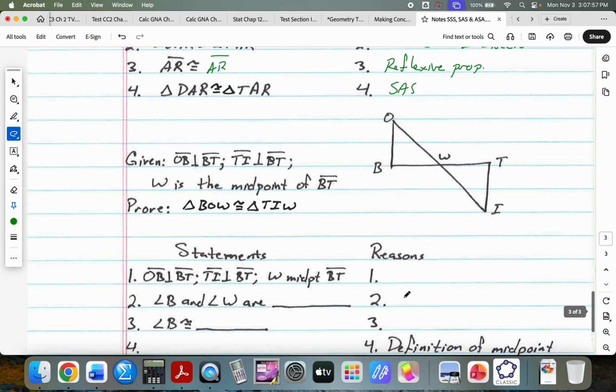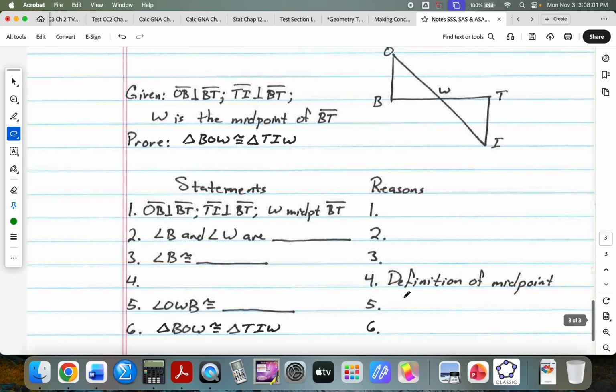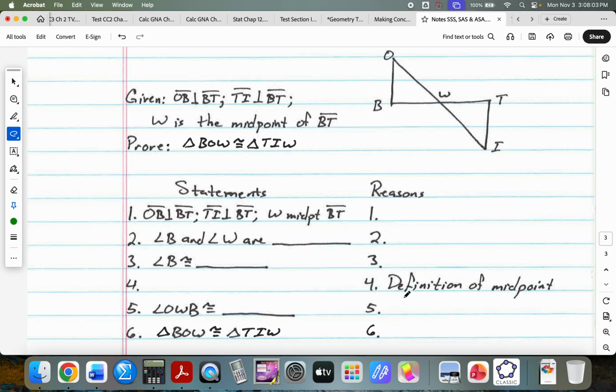All right, let's try this one. This one's got more holes in it. It's got a lot of given information. That's all, I put it all in the first statement. So it says I've got perpendicular lines.